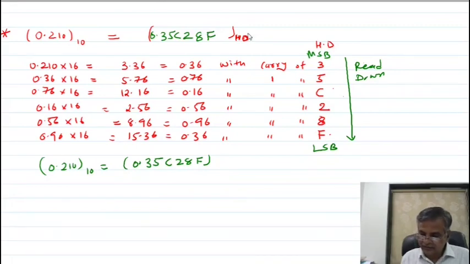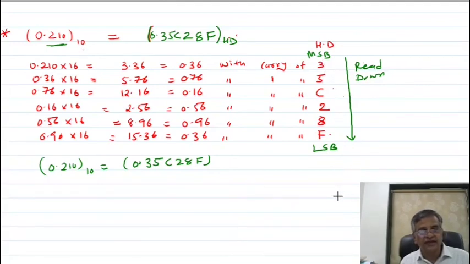See, this is your exact answer for a fractional decimal number. You may go into a large number of steps.